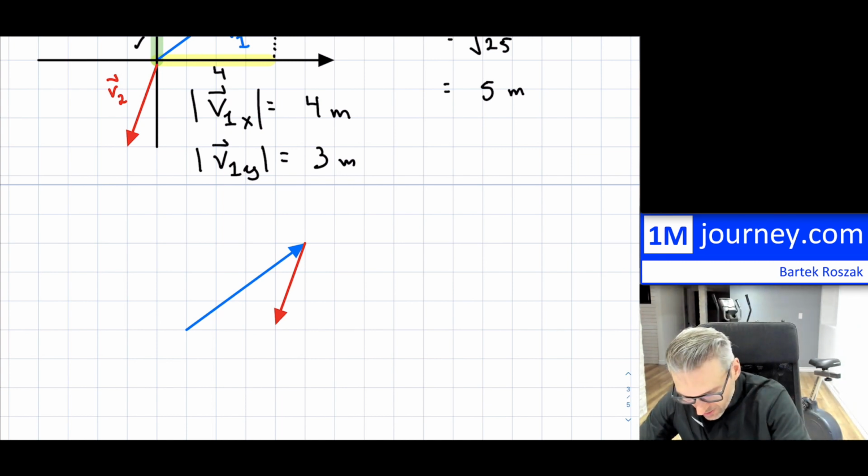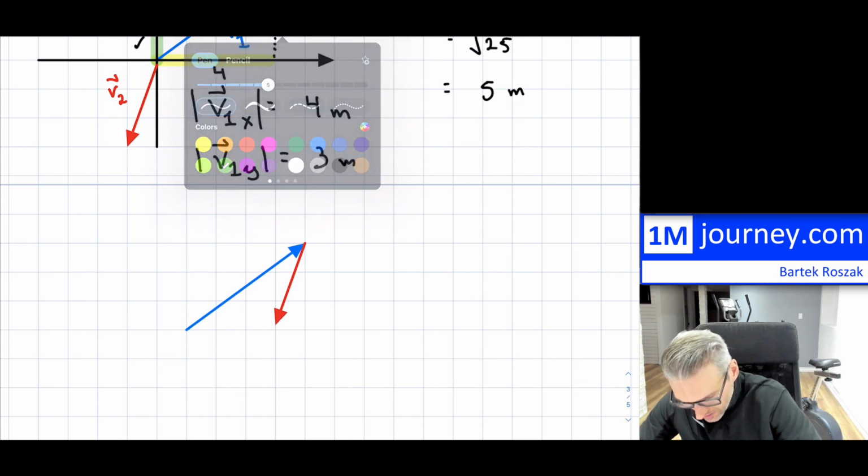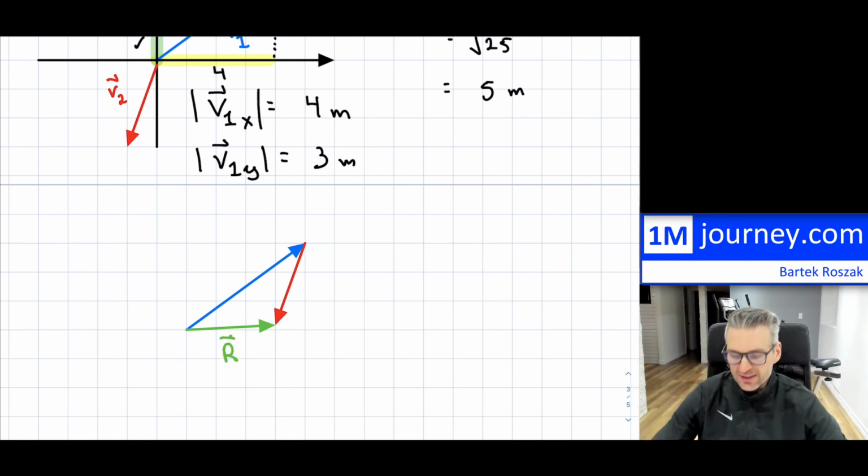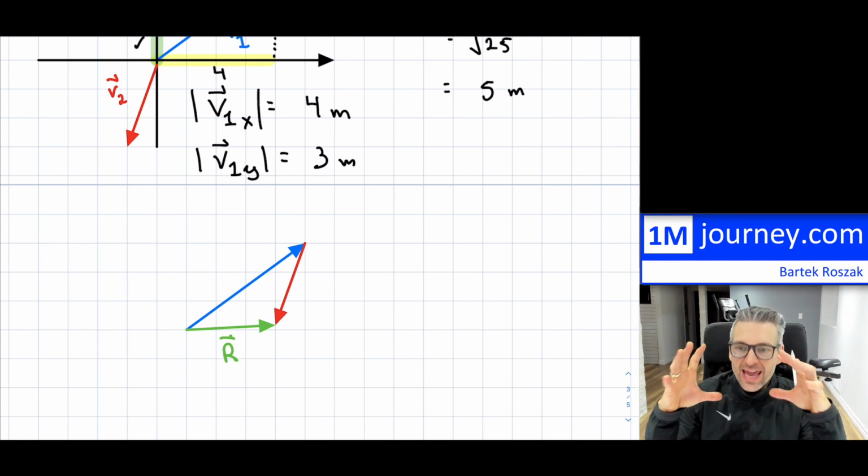My result would have been this vector right here. That is my resultant vector of adding these two components up. So visually, we can see that this is just V1 plus V2. Great. But now how do I actually find the magnitude and how do I find the actual angle?